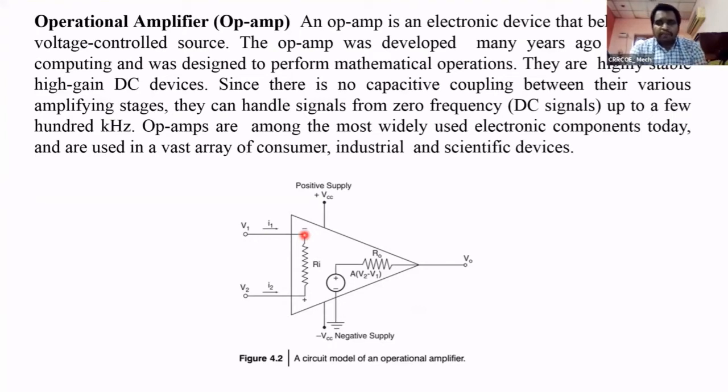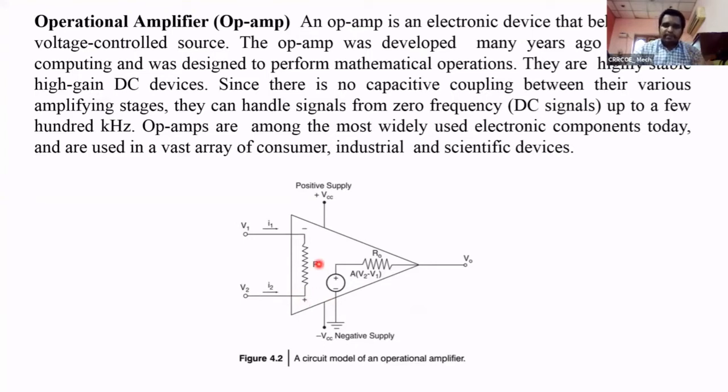This input is called the inverting input. Why is it called inverting input? I will explain, don't worry. The voltage which is connected to the negative terminal is called the inverting input. And the second one, that is V2, the second input which is connected to the positive terminal of the op amp, is called the non-inverting input.